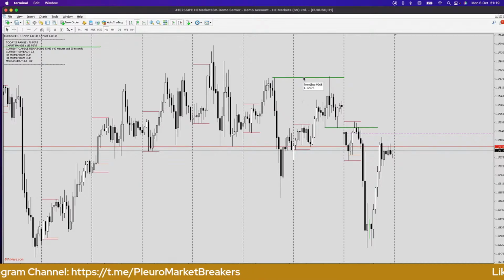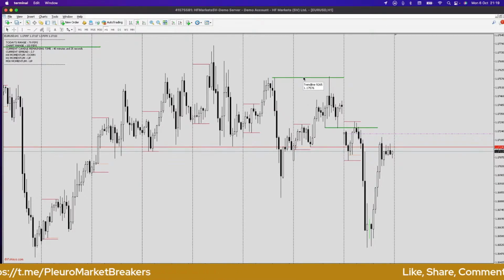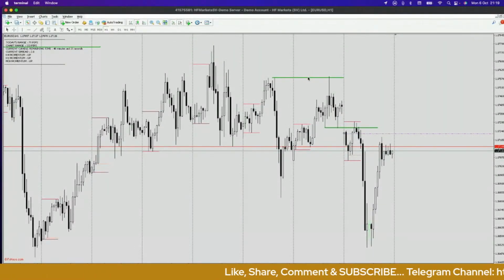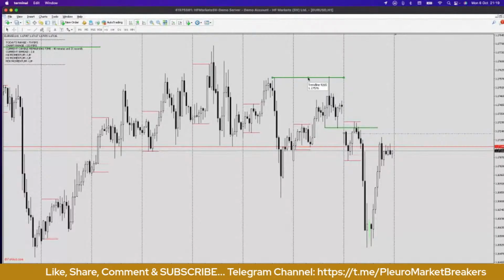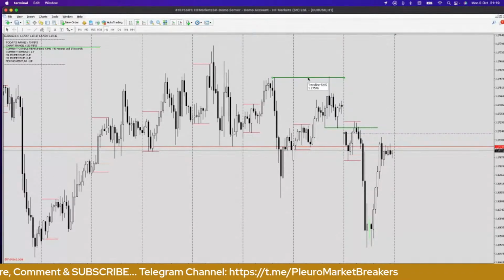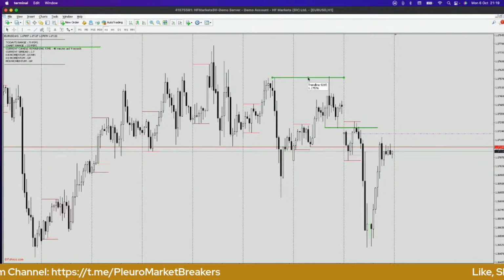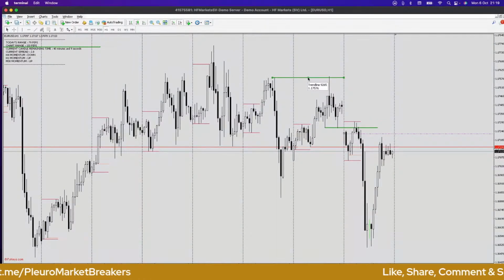Now, how do I know what direction I want to be stalking this in? Well, this is the way I do it, and it works very well for me. I used to actually teach that the market was run by an algorithm, because one of the people who mentored me said the same thing. I don't believe that anymore.